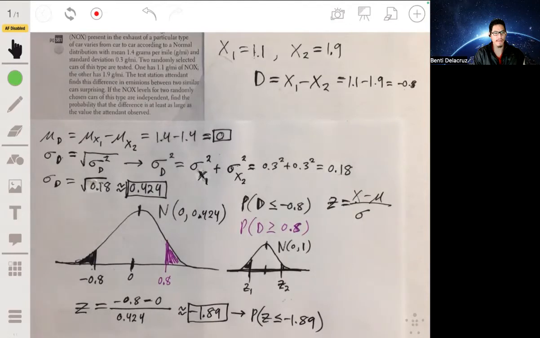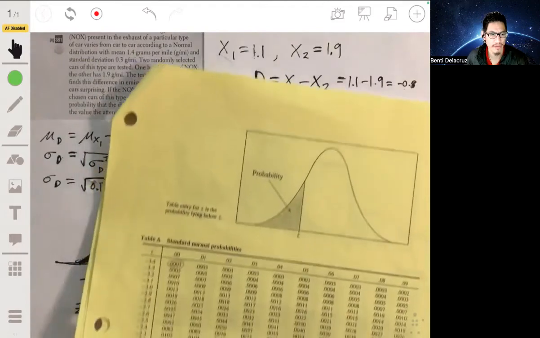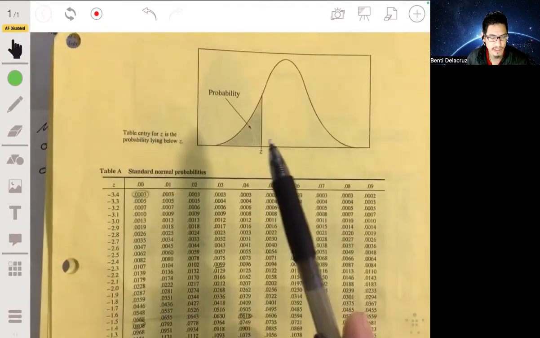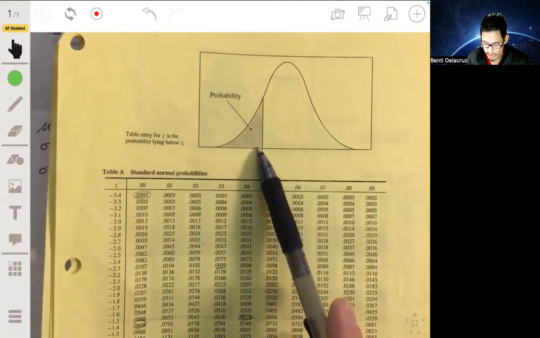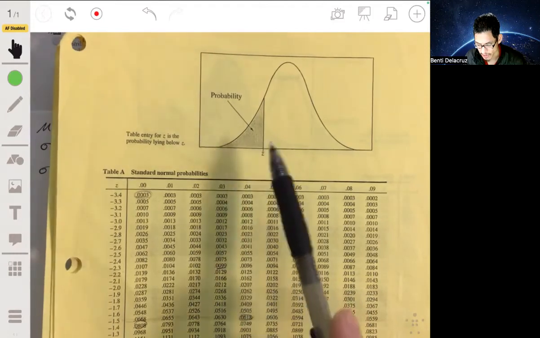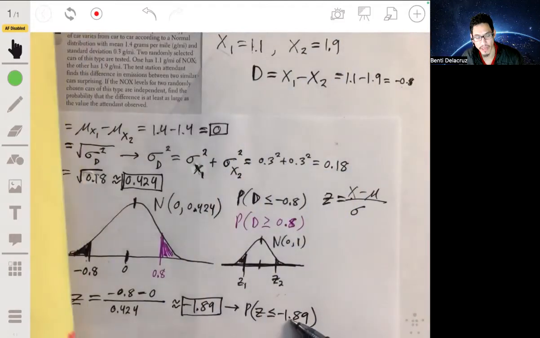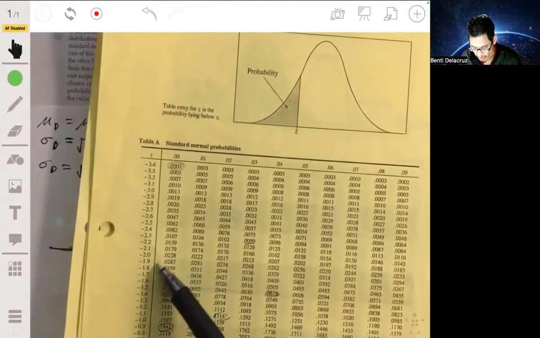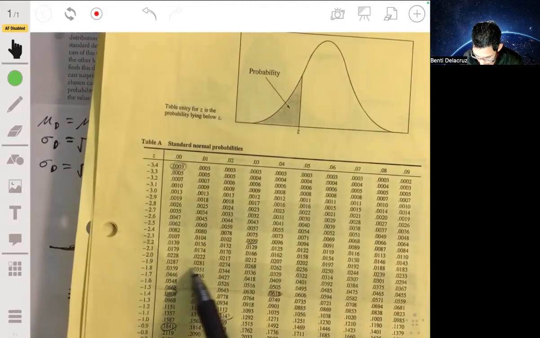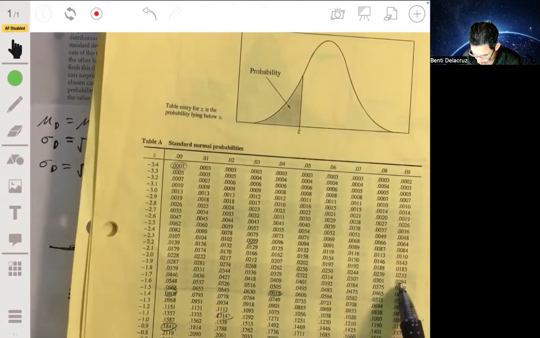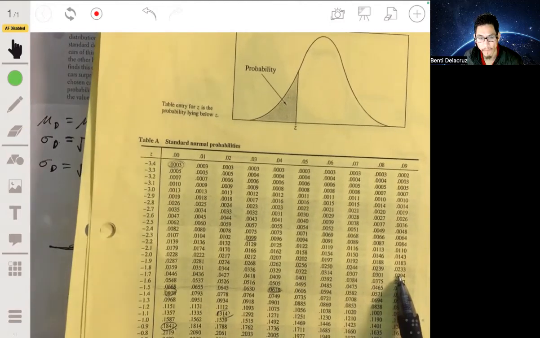Then I look at table A, the normal curve table, again going back to what we did in chapter 2. We look at the area where z is about negative 1.89, or negative 1.9. Here we got 0.294.